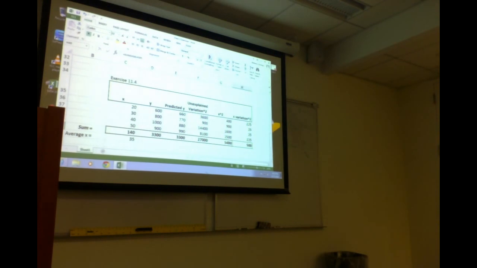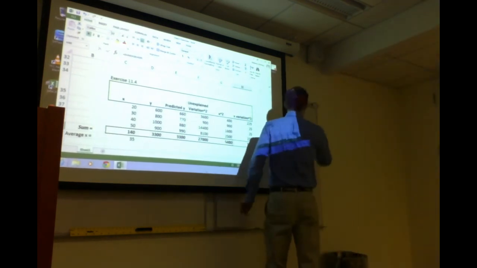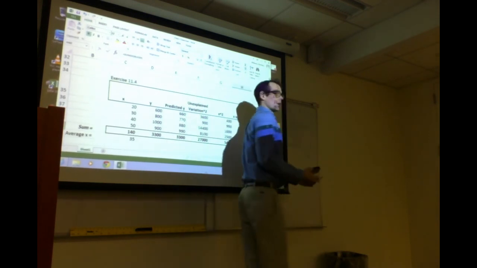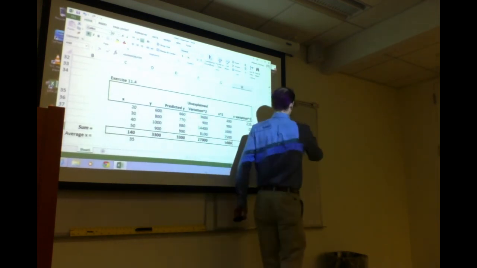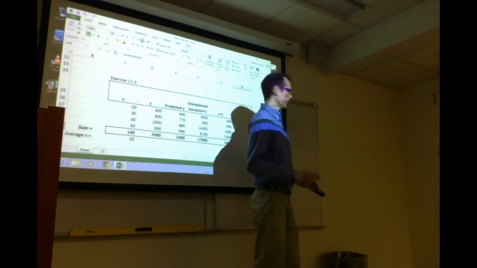So let's see what we need to do that calculation. This capital B is the population slope. But we have data for the sample slope. And what do we calculate for the sample slope?